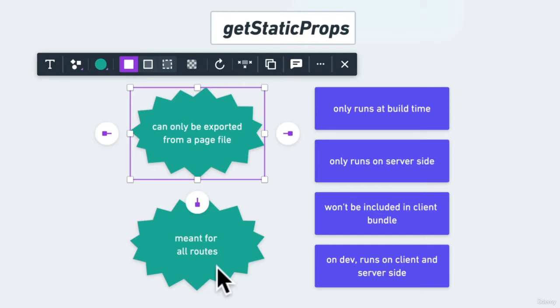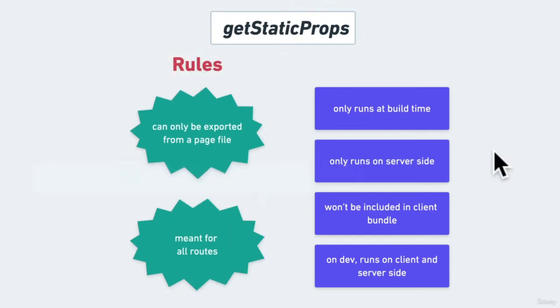The second rule is that it is essentially for all the route pages themselves. So it definitely needs to be a page file, and we need to export it from that page file as well. So let's go ahead and export that function.